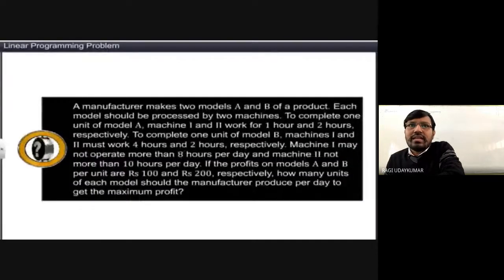Now let us consider one linear programming problem. The question is given to you. A manufacturer makes two models, A and B, of a product. Each model should be processed by two machines.